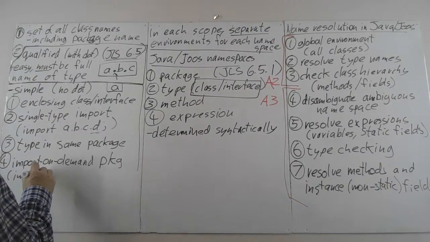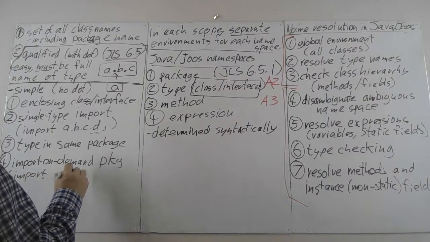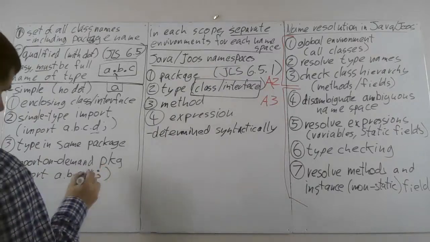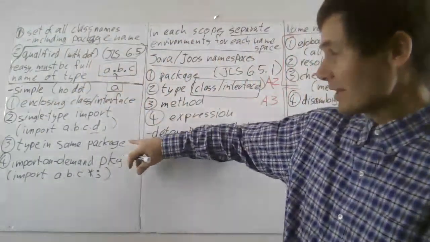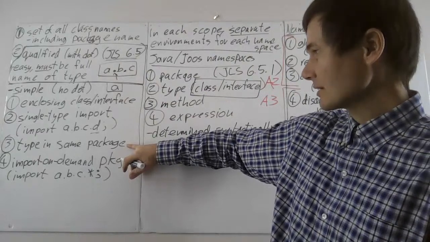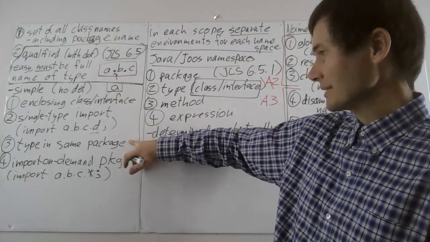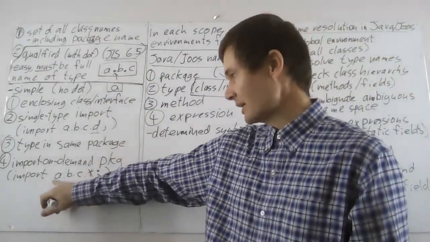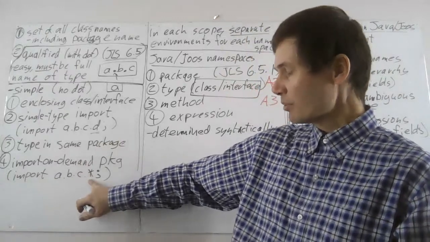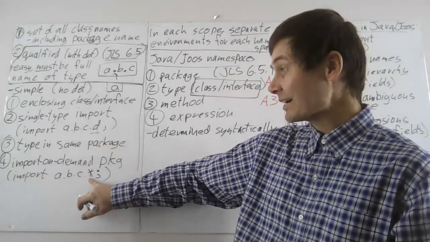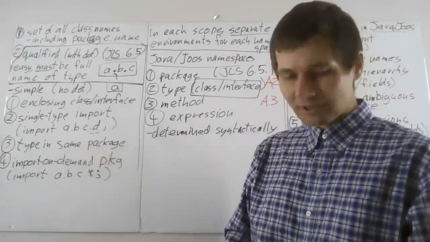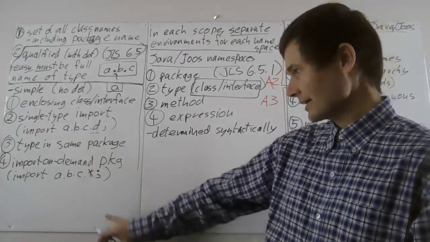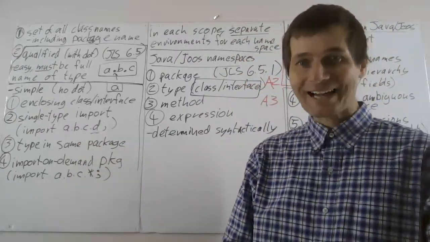So if I say, you know, import a.b.c.star, okay, so after I've looked for the class or interface with the same name in the same package, and I don't find it there, then I look at all these imports that say, here's a package. I want to import all the names in that package. So sort of as a last resort, I look in all these imported packages.